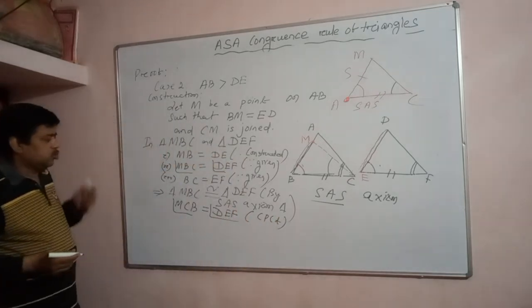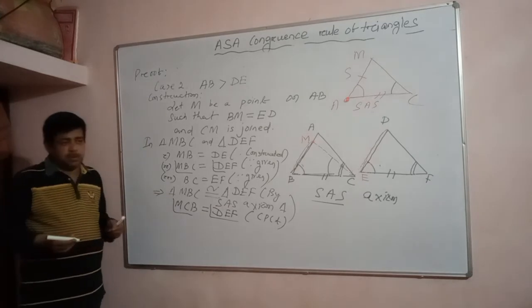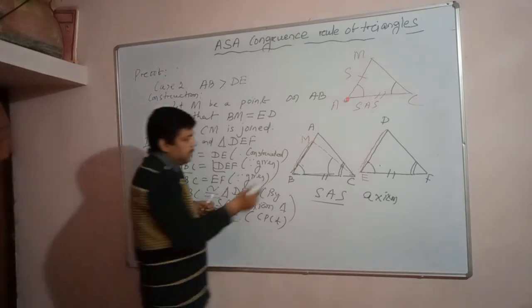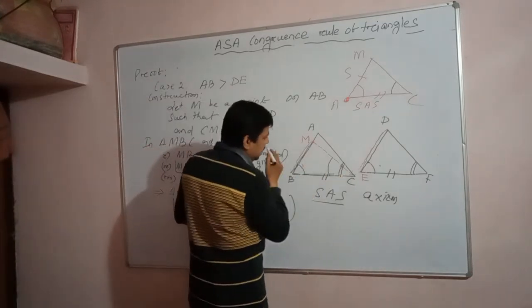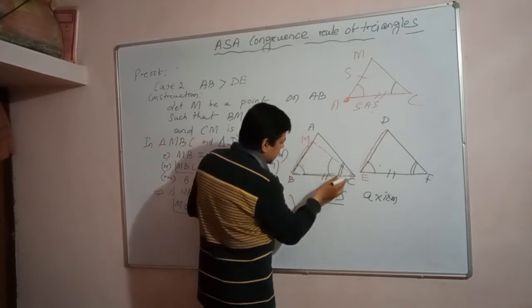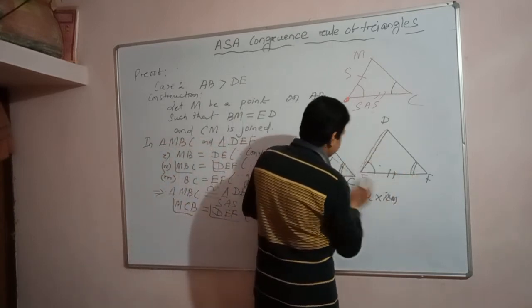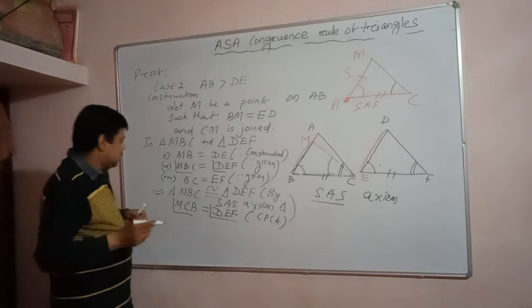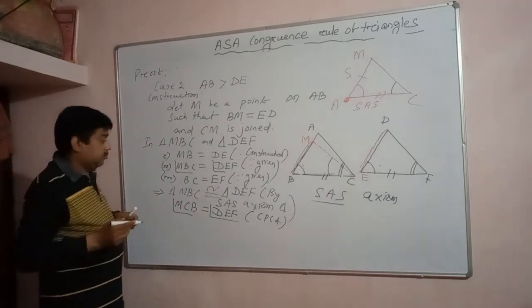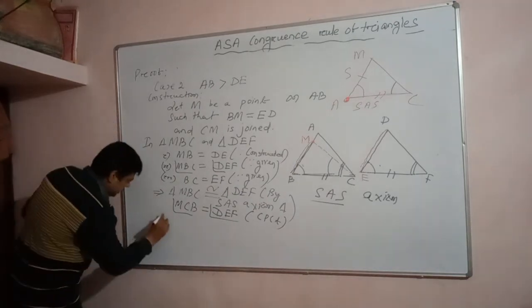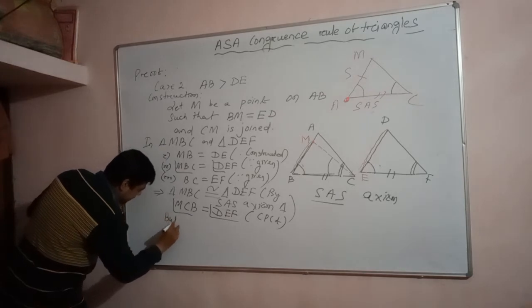So if two triangles are congruent, their corresponding angles are equal. So MCB angle is equal to DFE angle according to the corresponding part of congruent triangles. But you see, what is given?